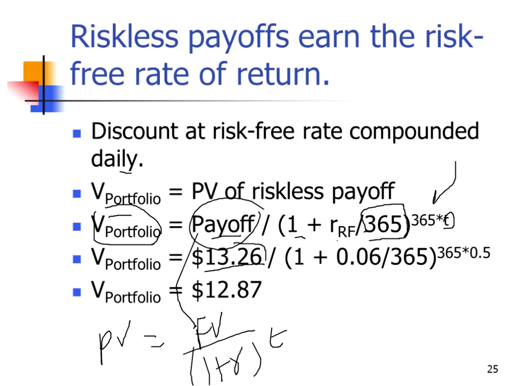So that would be this formula, 13.26, which is the payoff we just calculated, divided by 1 plus R raised to the power T, and that would be 12.87. So this is the value of the portfolio today by discounting. Okay, students online?